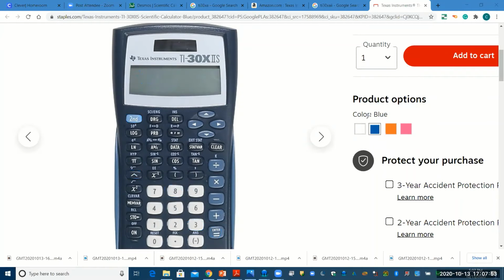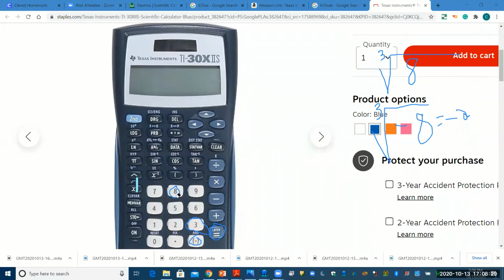For the cube root of -8, we would do second, this same button, and since it's a cube root, we would press 3, and then we would press -8, and then enter. And that should give you, if you did it correctly, -2.